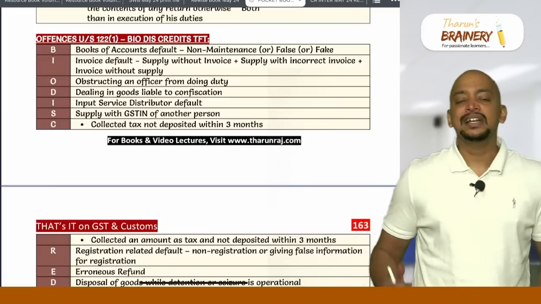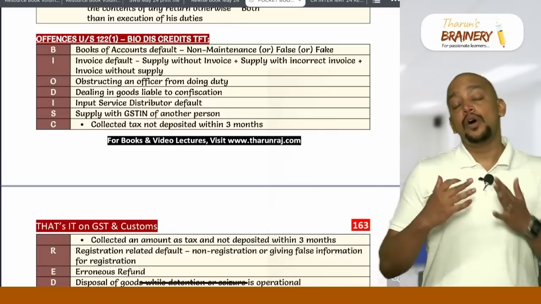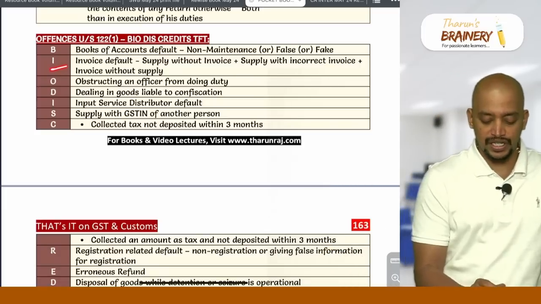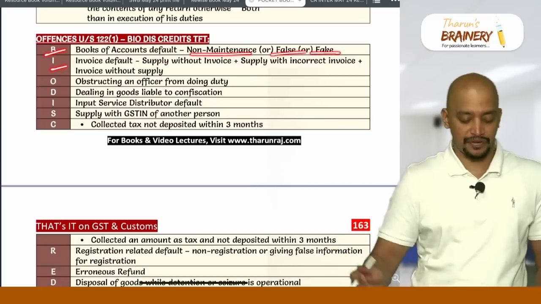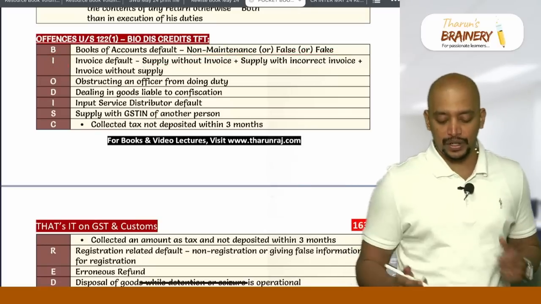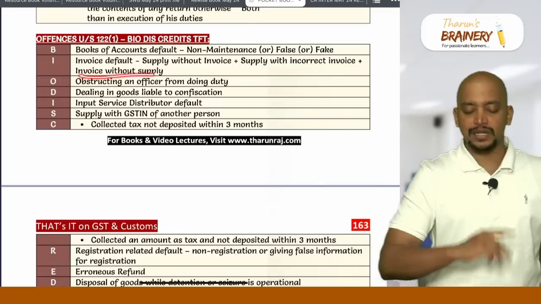Invoice default means I am issuing an invoice without supply, or I am supplying without invoice, or I am giving an incorrect invoice. So that is called invoice default.